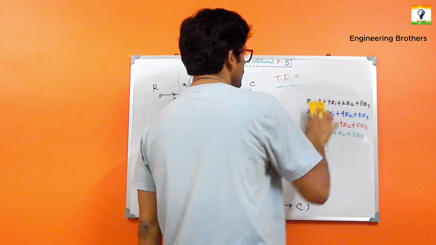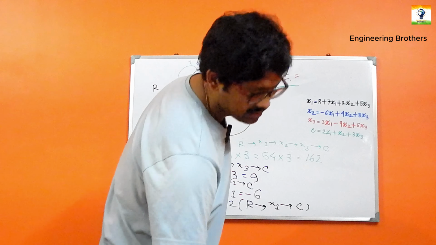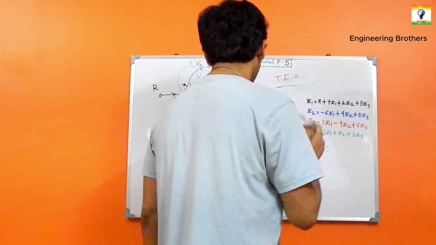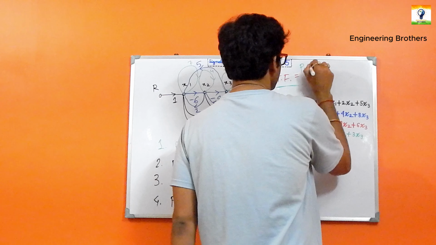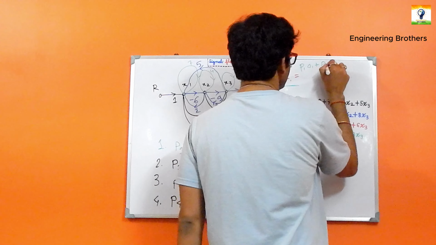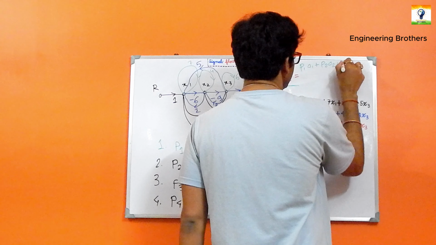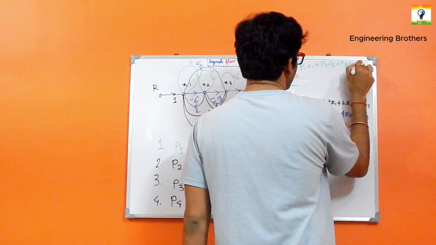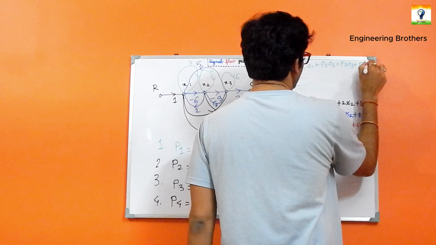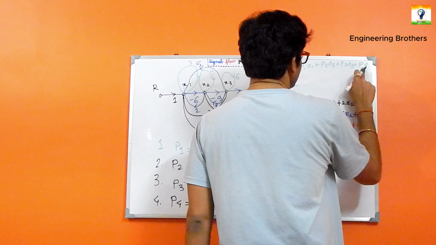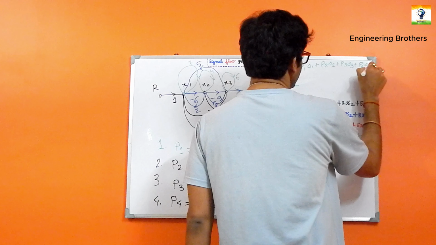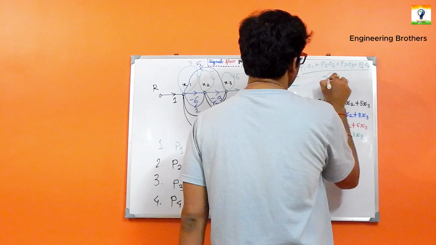In this case, the transfer function will be P1 delta 1 plus P2 delta 2 plus P3 delta 3 and once again plus P4 delta 4, divided by delta.